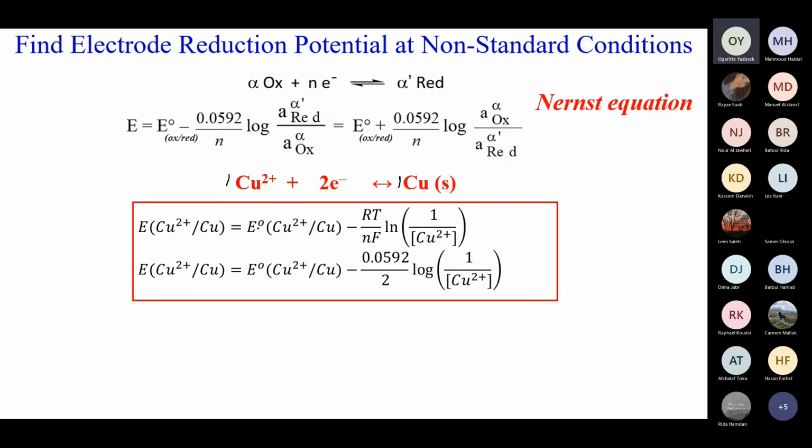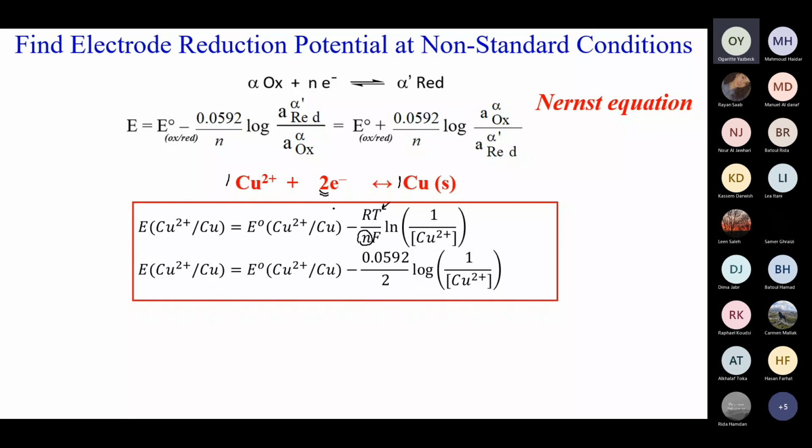First, I let it equal to the E naught of the copper 2 copper minus, this is the real correction, if in case this is different than 25 degrees, but at 25 degrees, this is minus 0.0592 divided by N, where N is the electrons transferred.